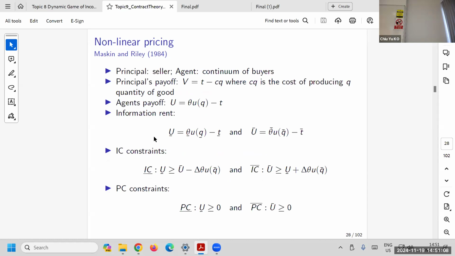And here is the application when you talk about nonlinear pricing. That's when you have quantity discounts. Sometimes when you go to, say, Sam's Club, that's what we know. Sam's Club compared to Walmart: Walmart is selling at a higher price than Sam's Club, but at Sam's Club you have to buy a lot. Or Costco, the same idea.